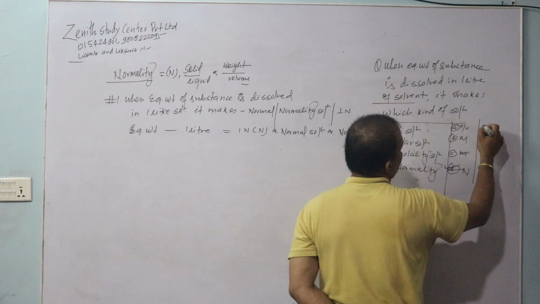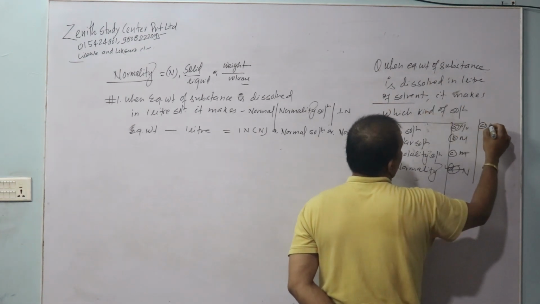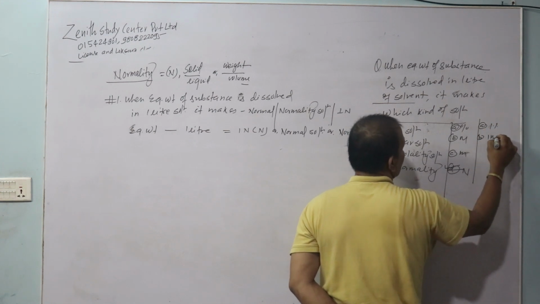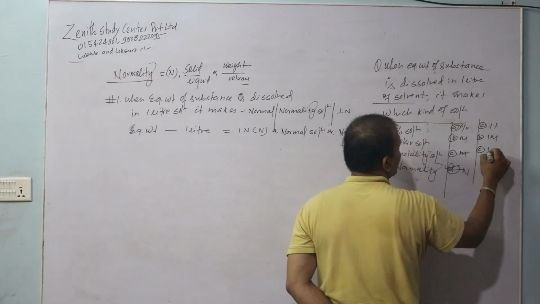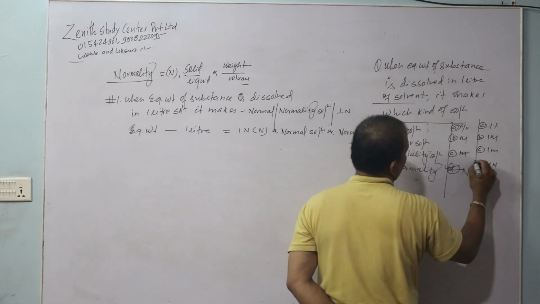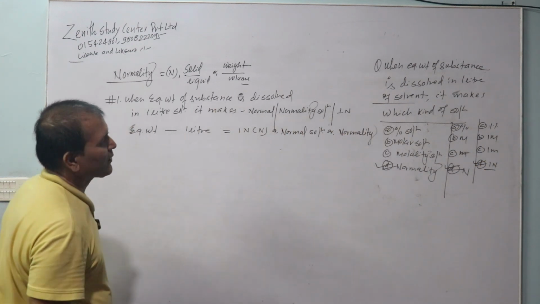If the question is the same and the options contain 1 percent, 1 molar, 1 molal, and 1 normal, you can choose 1 normal. So these are the questions.